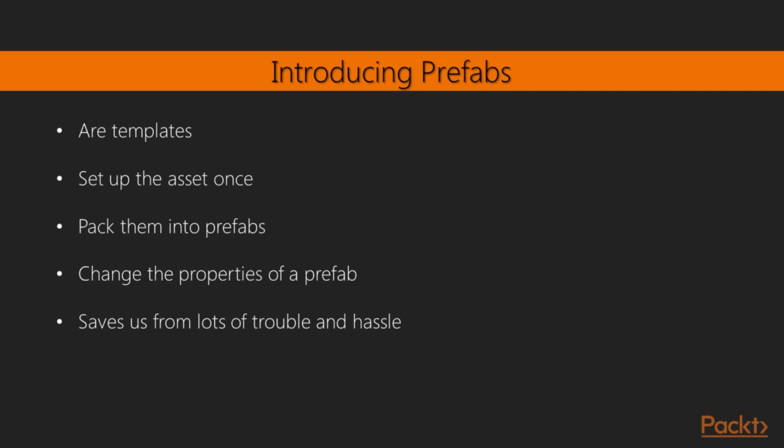Prefab is something really important that often saves us from lots and lots of trouble and hassle. For example, say you have finally placed all 300 palm tree meshes in your game scene without using any prefab. Then, all of a sudden, your art director realizes that the size of the trees is very big and should be scaled down by 20%.